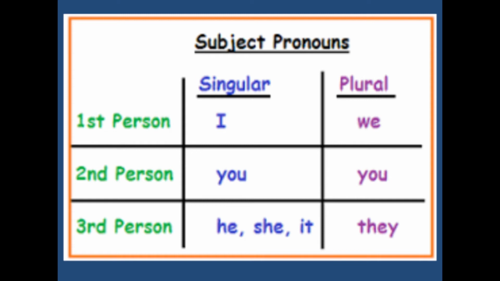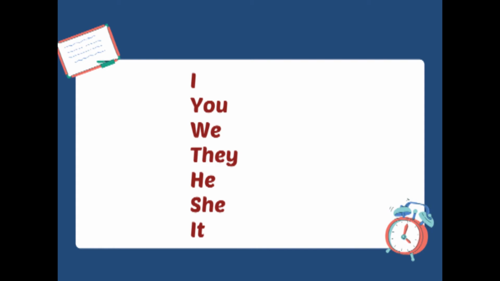I is first person singular and we is first person plural. You is used for both singular and plural. Then he, she, it is third person singular. Which is the third person plural? They. So hope you understand. We keep it like this so that it's easy for you now: I, you, we, they. Then we keep only third person singular, that is he, she, it.